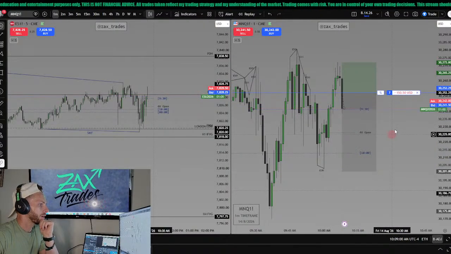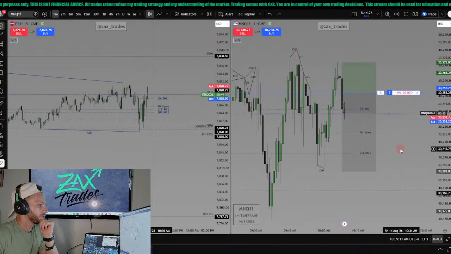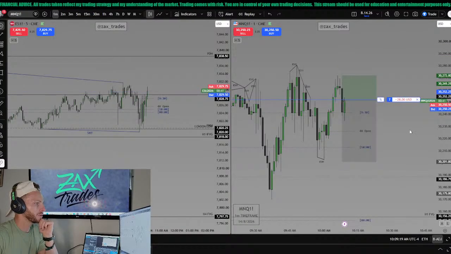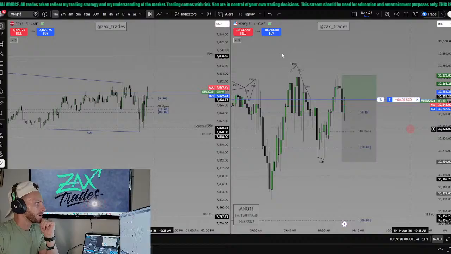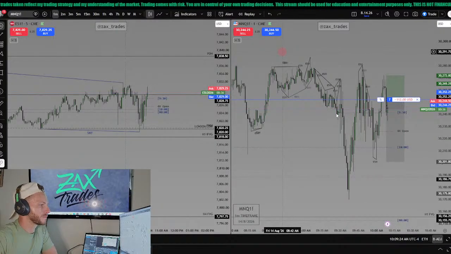Now, guys, I don't want to see this thing start falling through all these PD arrays here. We haven't had a sweep to the upside on either index. So I would look for this to hold. Now we need to get my target on my screen here. God, I'm freaking laggy today, man.